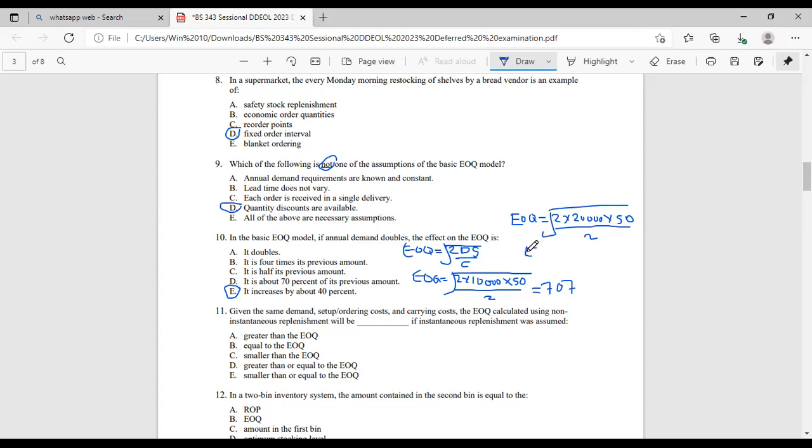The square root answer gives us 1,000. So what goes on here is that the initial EOQ was 707, and the other EOQ will be 1,000.